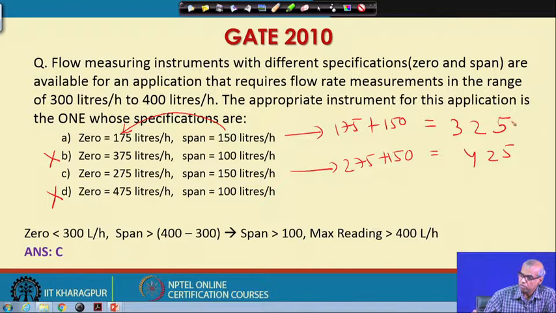So, option A cannot cover the maximum range, whereas option C satisfies zero, span and maximum reading. So, option C is the correct answer.